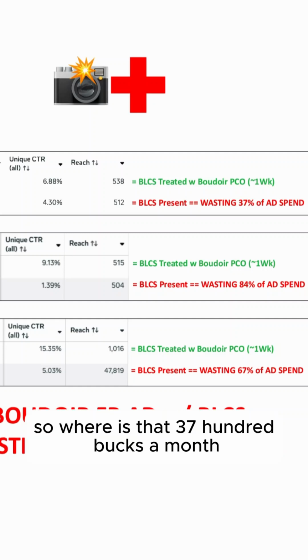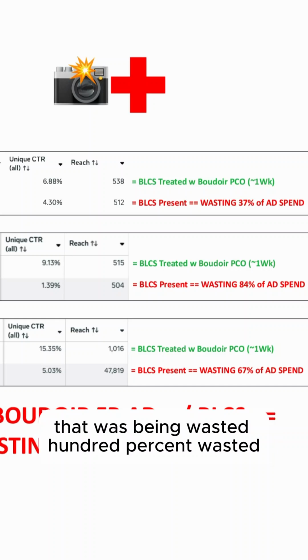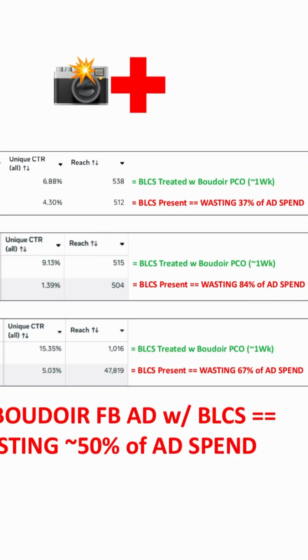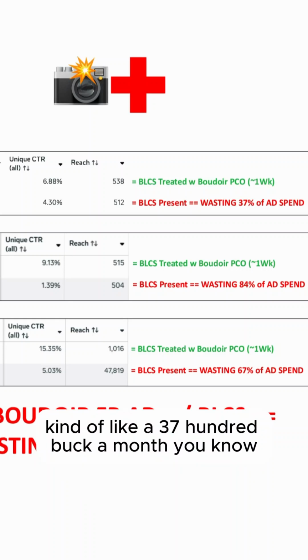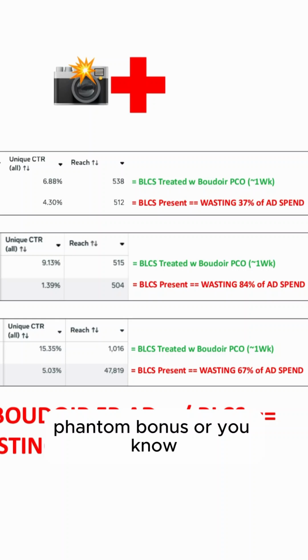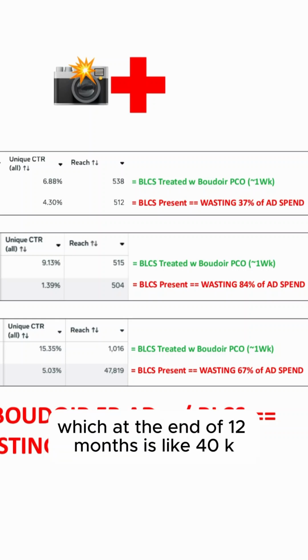So that 3,700 bucks a month that was being 100% wasted, they no longer have to spend, it stays in their pocket. It's kind of like a 3,700 buck a month phantom bonus, and they don't have to do anything. Which at the end of 12 months is like 40K.